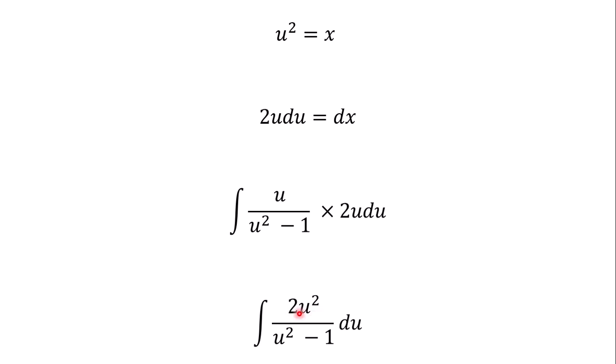To avoid that, let's bring this constant outside the integral symbol. So you're going to write the 2 outside here. Now after bringing the 2 outside, this is what is left.